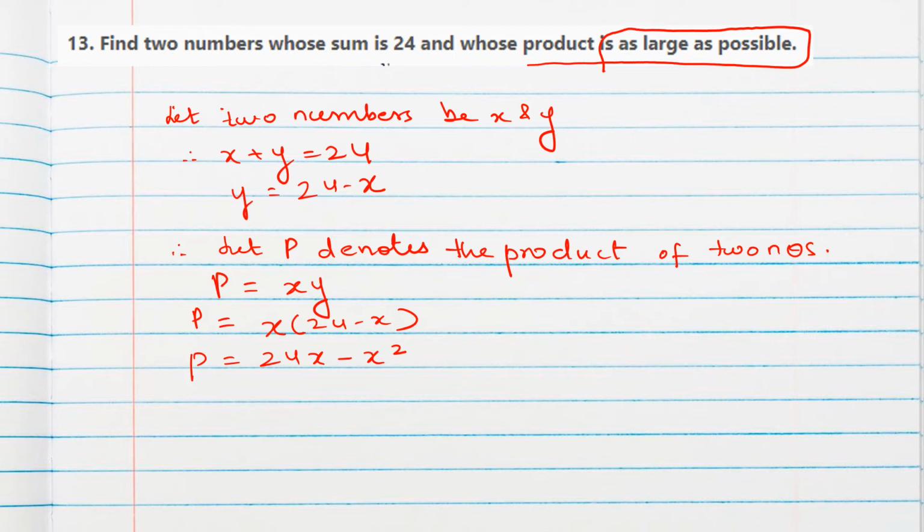So the first step will be to take the derivative with respect to x. The same procedure we will apply here, as we were doing for finding local maxima and minima. Differentiate with respect to x. So dp by dx will be 24 minus 2x.